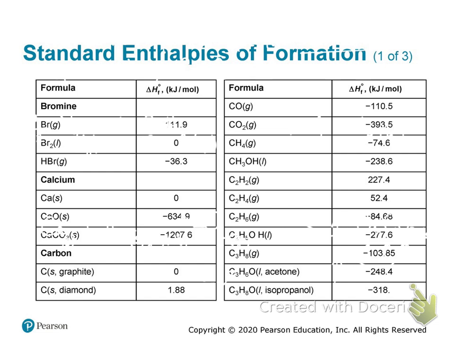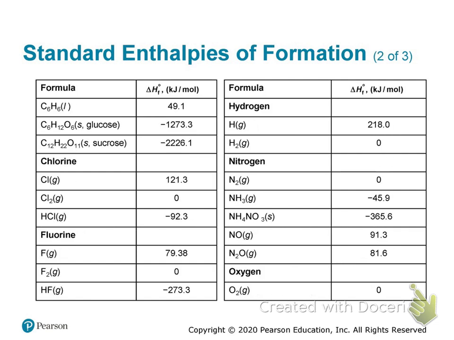Now, the table that we have here is small. It is just an excerpt. These tables are monumentally large because it's data collected over a lot of substances. The table is alphabetized, which makes it easier to find the information.